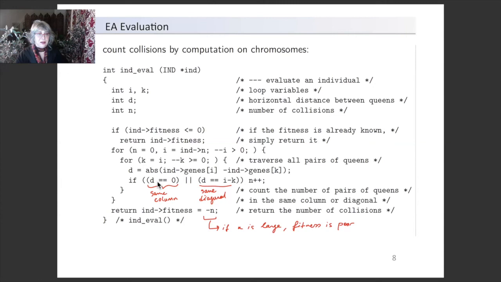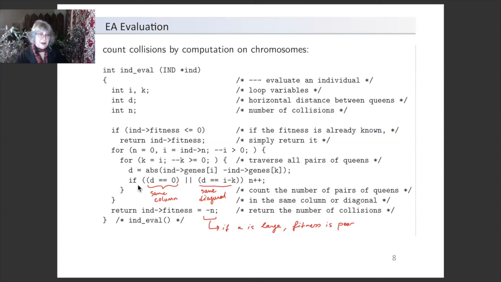If so, they are in the same column. Or d is equal to I minus k. In that case, it is in the same diagonal. If this condition or the other condition holds, we are incrementing the value of n, which corresponds to the number of collisions, by 1. So we count the number of pairs of queens in the same column or diagonal.